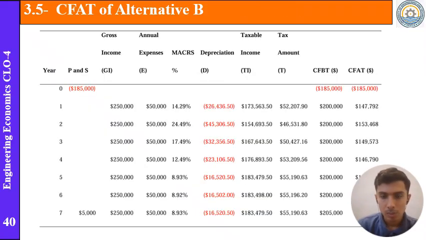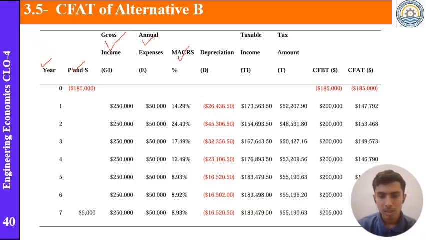So here is the cash flow after tax analysis for alternative B. The first column represents the years. The second column represents the initial investment as well as the salvage value for the project. The third column is the gross income, which I have just assumed for this project. The annual expenses include all the indirect costs, the labor cost, and the operating and maintenance cost. The depreciation method that I have selected was the Modified Accelerated Cost Recovery System, the MACRS depreciation method.